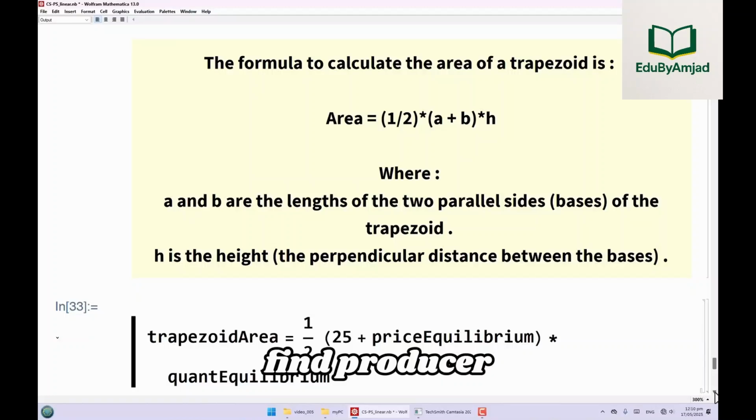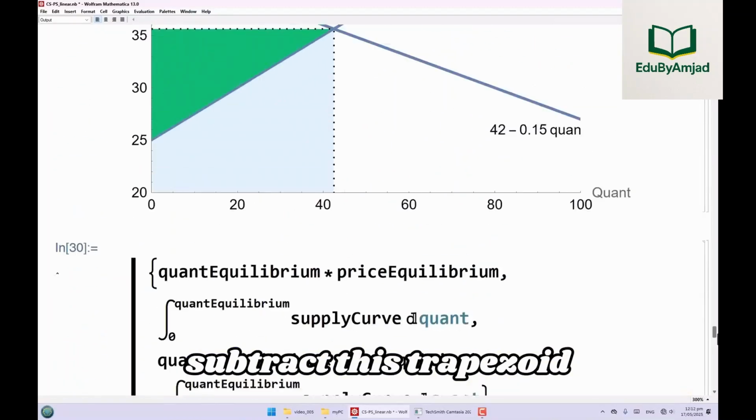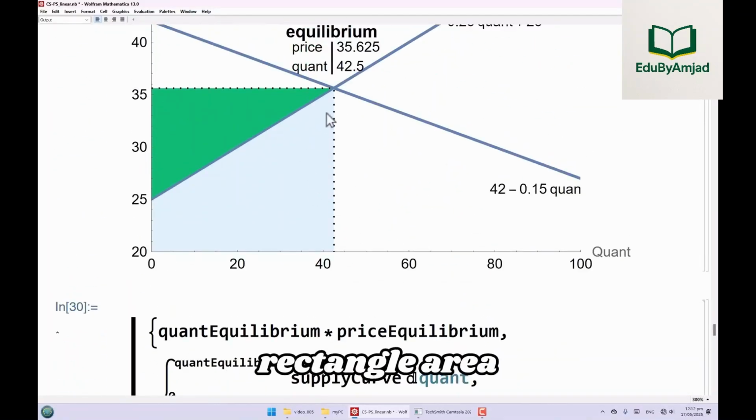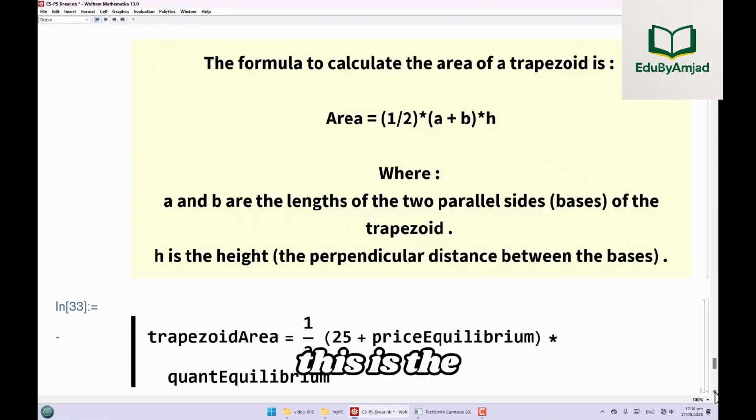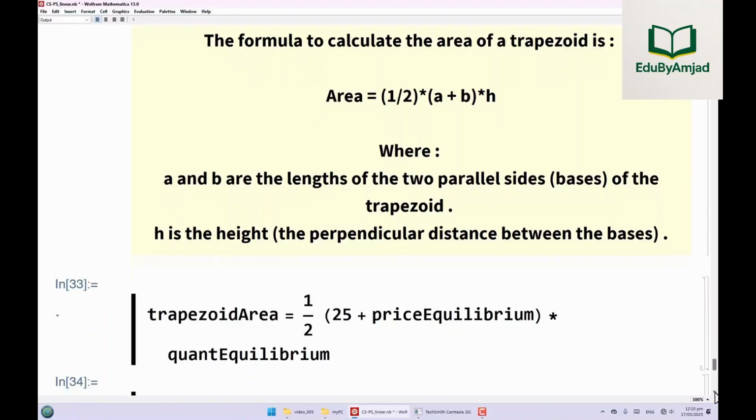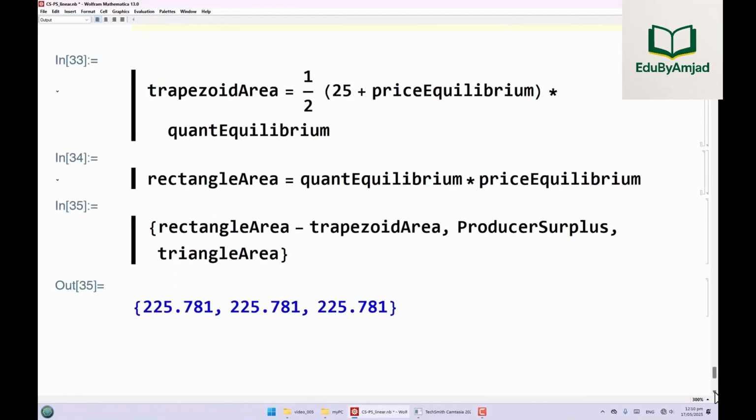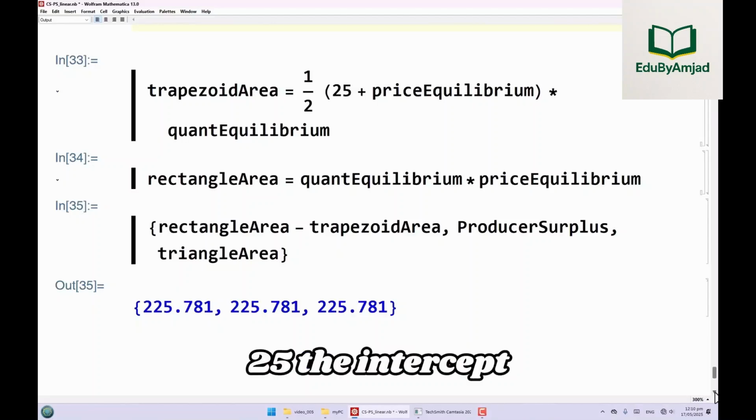Another way to find producer surplus is to subtract this trapezoid area from the rectangle area. This is the formula for the area of a trapezoid. One side is 25, the intercept of the supply curve.